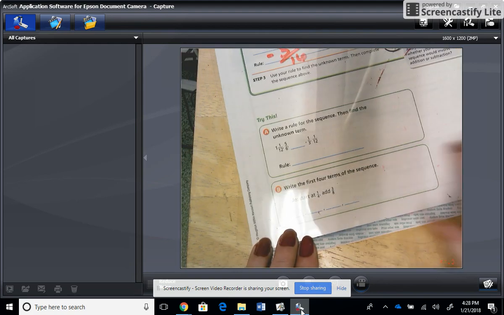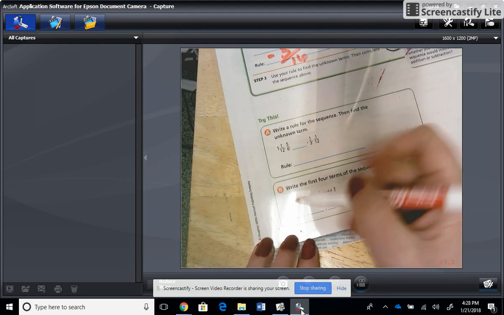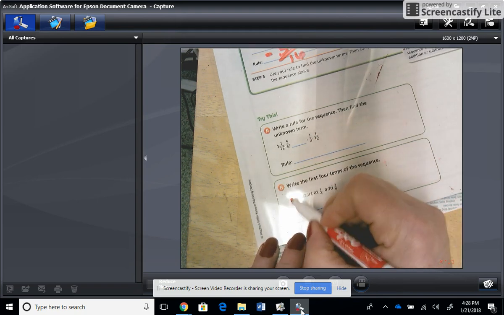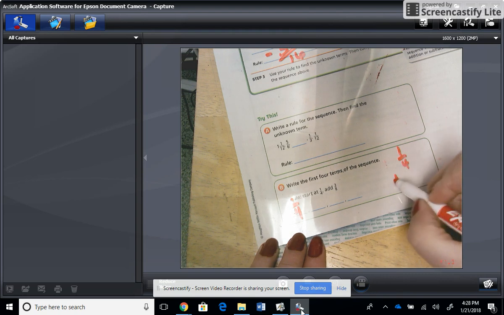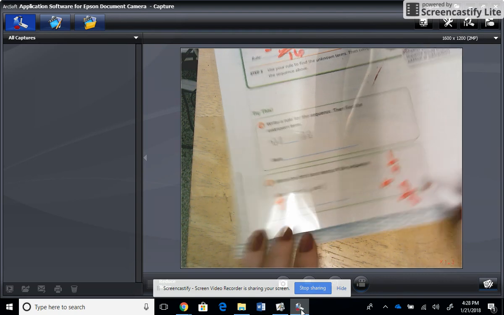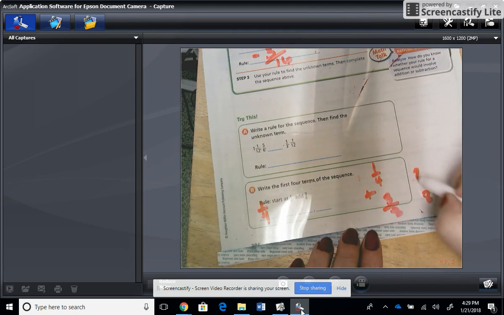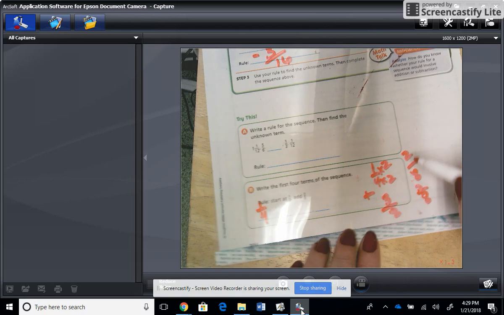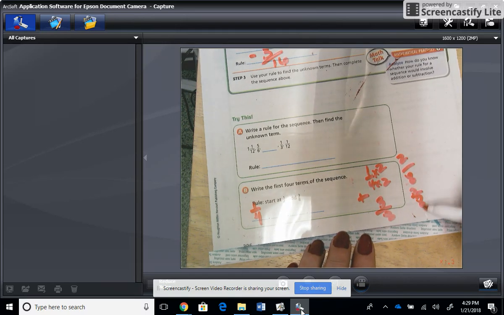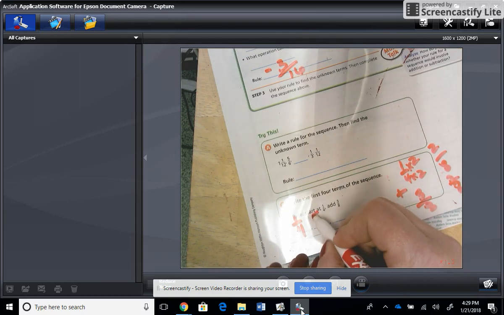All right. Now they're telling us the rules. So I have to start at 1/4, and I'm going to add 1/4 plus 3/8. 8 is my common denominator, so this stays the same. Times 2, times 2. 2/8 plus 3/8 is 5/8.